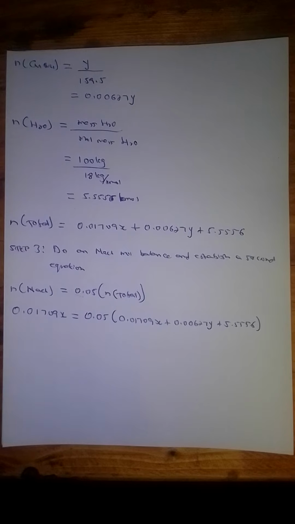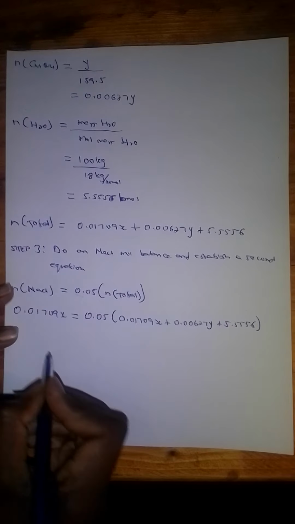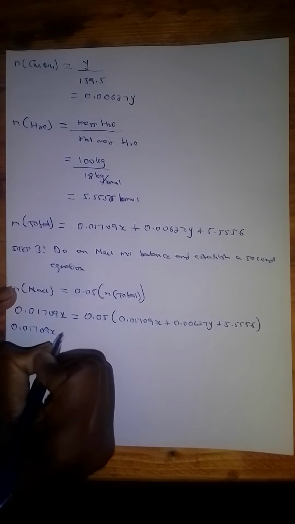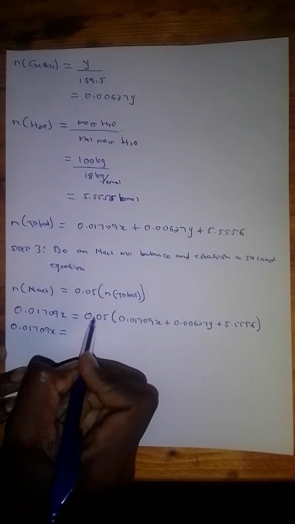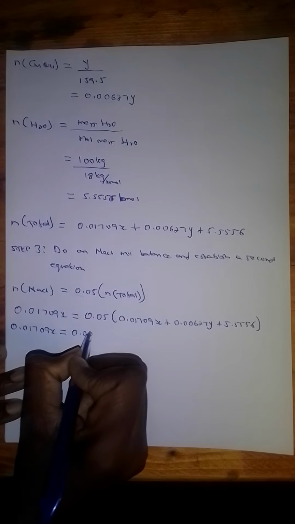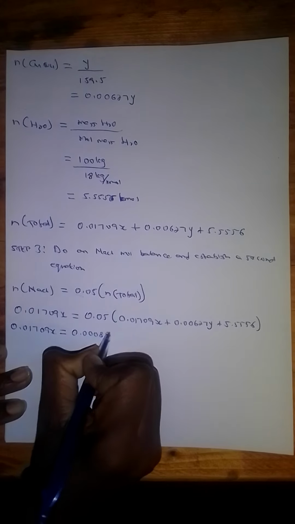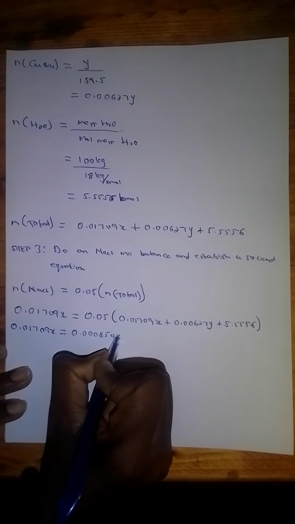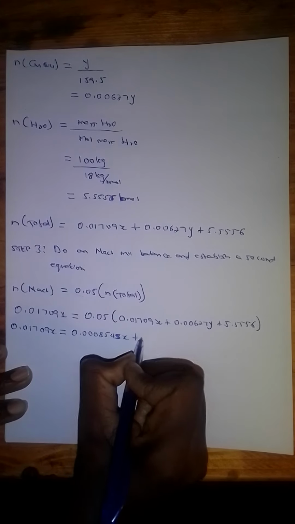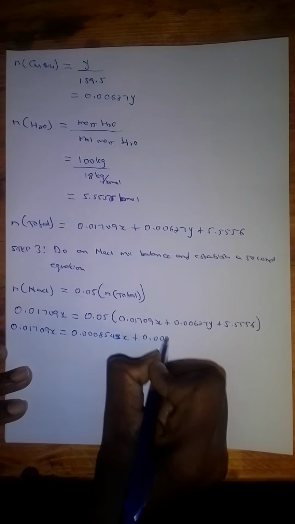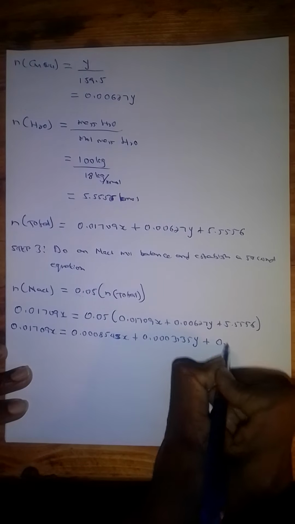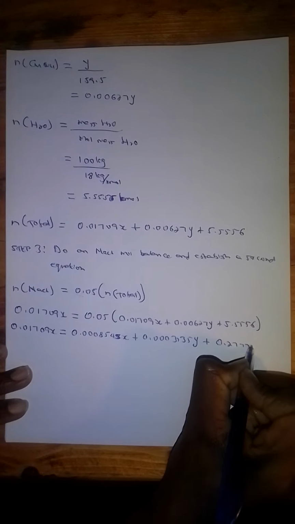As we continue to simplify, we can say 0.01709x is equal to, when you multiply the 0.05 through to remove the bracket, 0.0085545x plus 0.0003135y plus 0.27778.